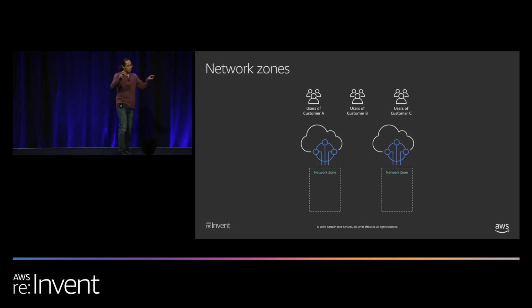We'll announce out to the internet using BGP separate IP blocks, using non-contiguous prefixes, meaning that they're not back-to-back. So with these separate network zones, when you sign up for Global Accelerator, there are a pair of IP addresses that are allocated to you. That pair of IP addresses, each of those, is backed by one of these network zones.